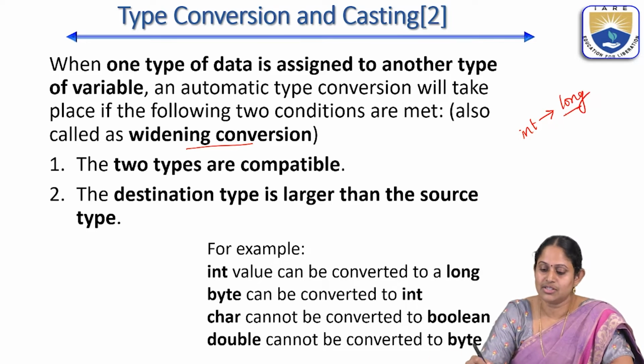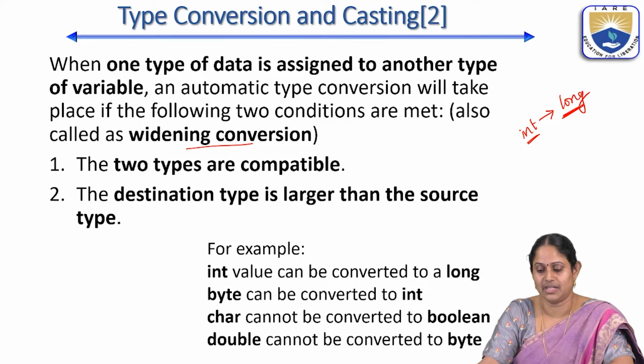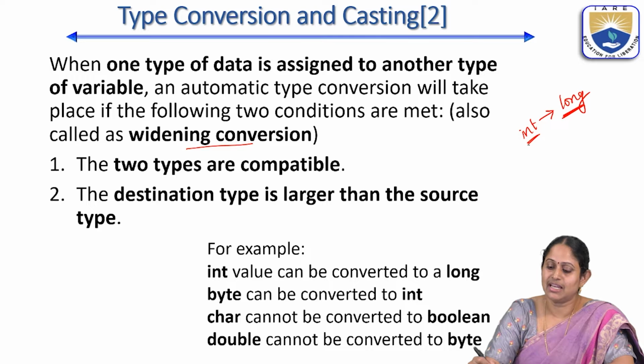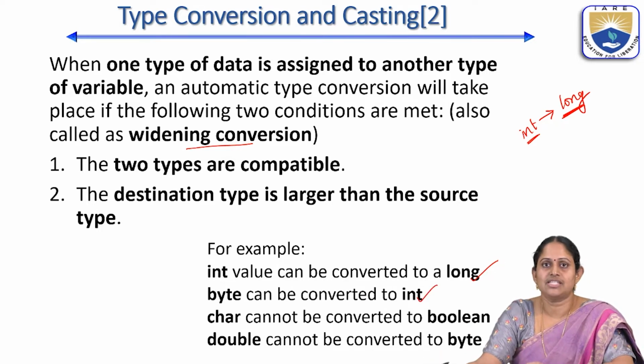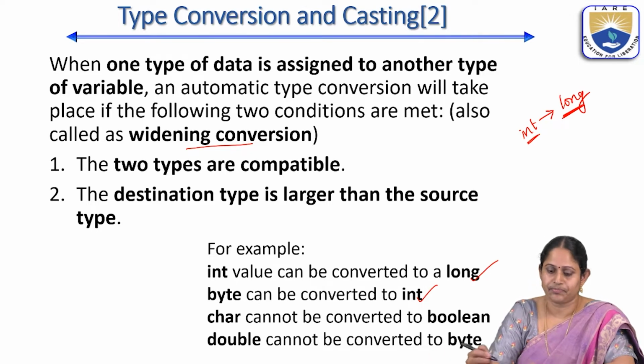Here the source is smaller and the destination is larger in size, so they are both compatible. When int is converted into long and byte is converted into int, these are all widening conversions, and this occurs automatically. The compiler itself will perform that.